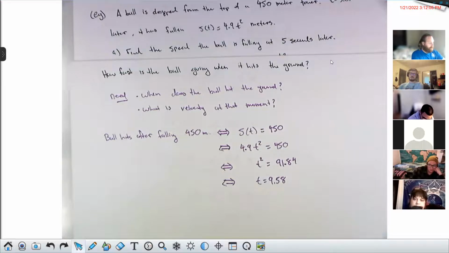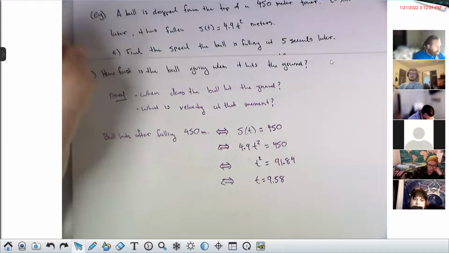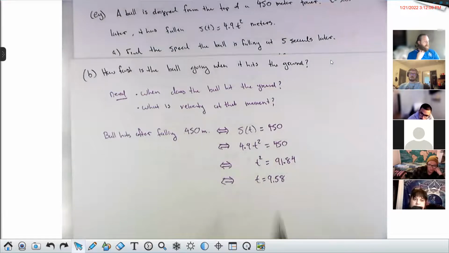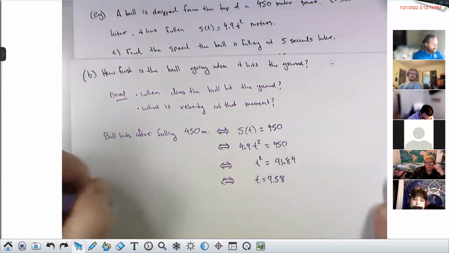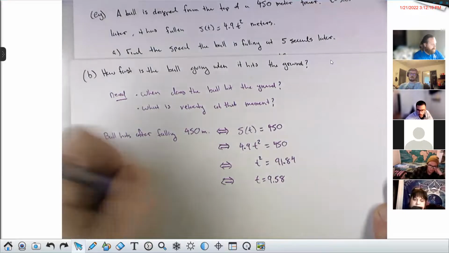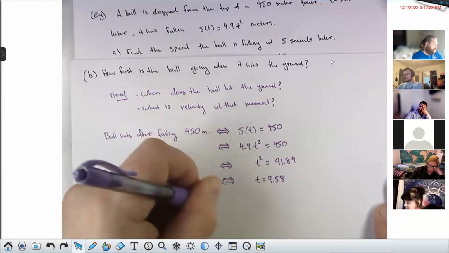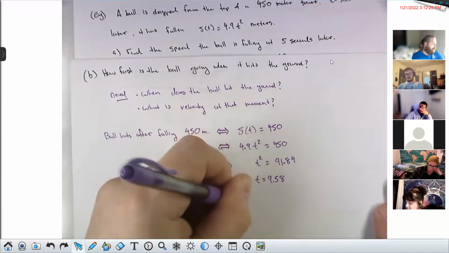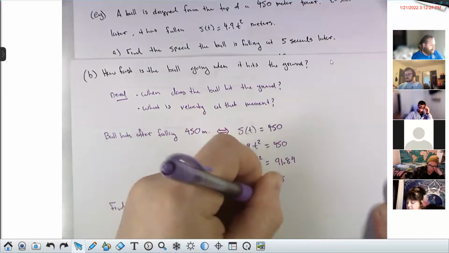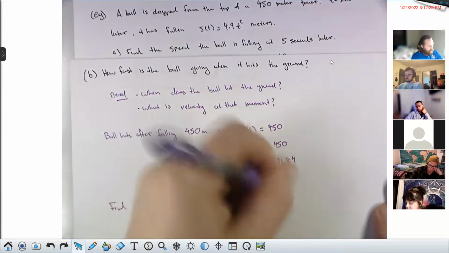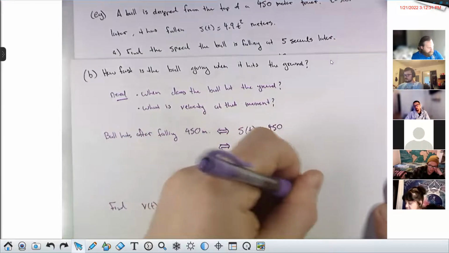But because we've got some kind of unpleasant number that I would have to carry around through that calculation in part B, what I'm going to do instead is find v of t as a function, then plug in t equals 9.58.